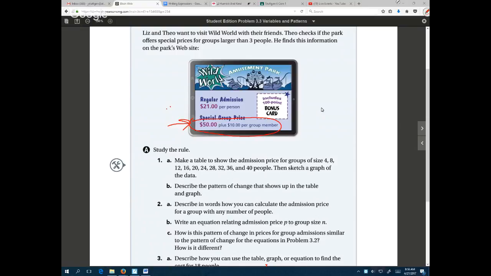Oh. That looks better. Graph, yes. Oh, yeah. It's really going up how much per person. Why is it going up by 40? It's not, they're not charging $40 per person.